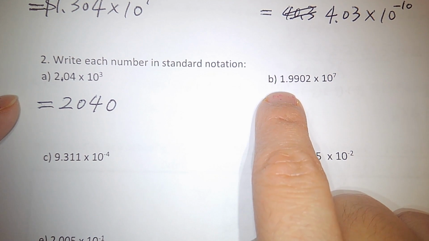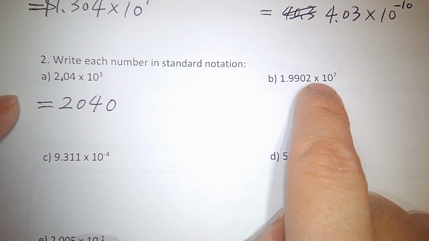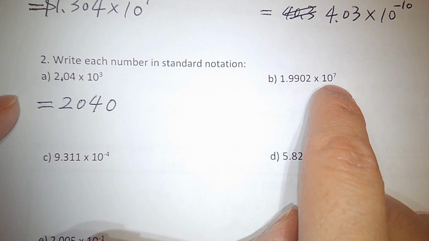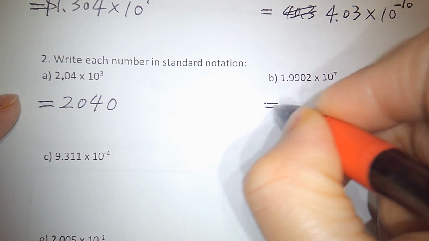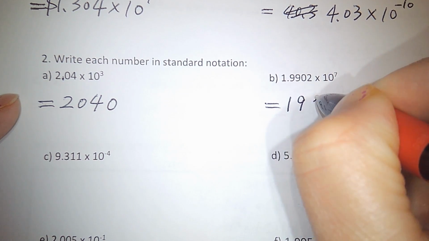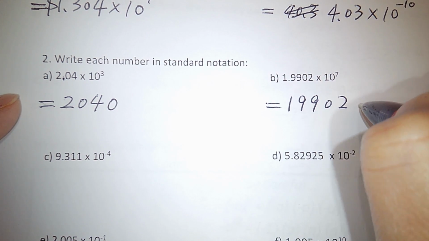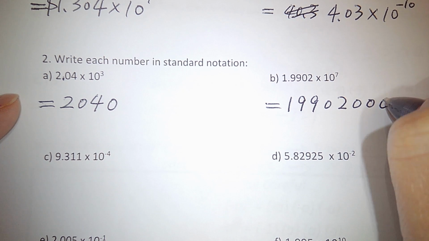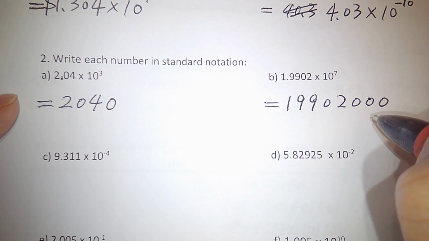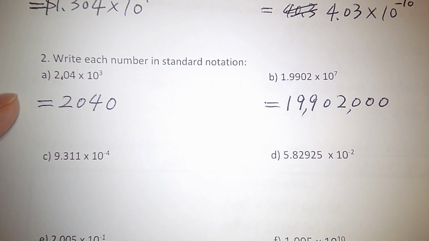Same thing here. Move the decimal point to the right for how many digits? 7, right? 19902. We don't have enough digits. Use what? Zeros. Okay? Comma, comma.